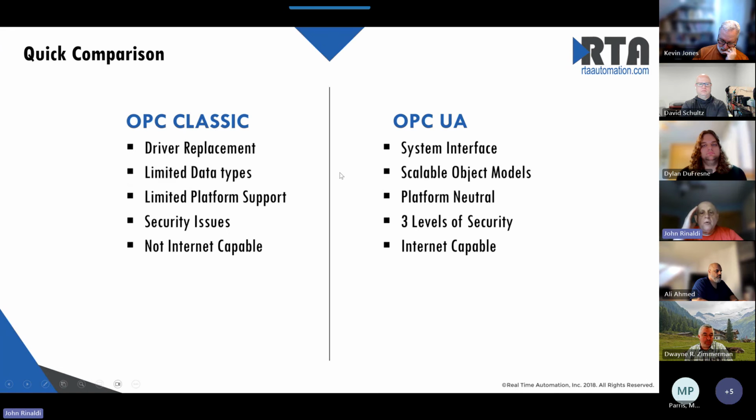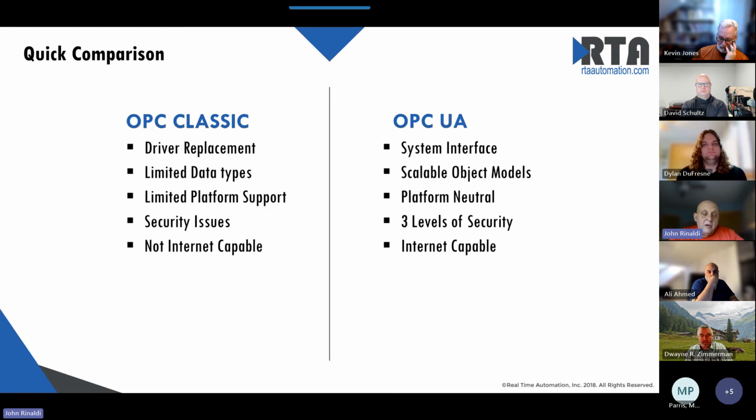So OPC UA came in and changed a lot, and that kind of came to try to make this a lot better. So it went from a driver replacement to a system interface where you got object models now instead of just data. The platforms expanded to anything. Security became a lot more comprehensive.